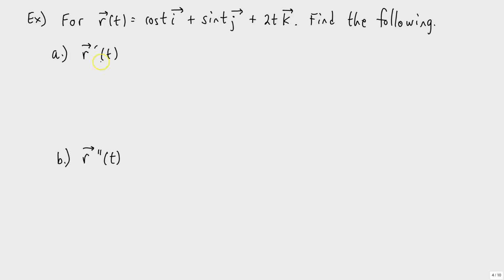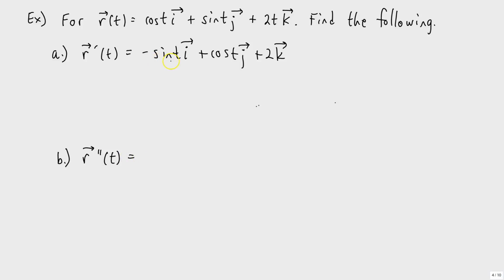Let's do the derivative. Well, the derivative of cosine with respect to t is going to be negative sine t. Derivative of sine with respect to t, that'd be cosine. Derivative of 2t would be 2. If we want the second derivative, that would just be the derivative of the first derivative.